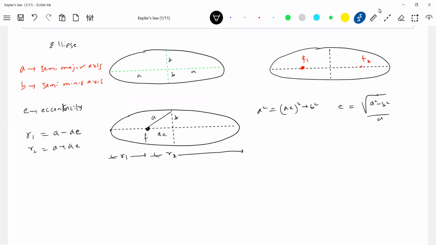So these are the things we'll get. We'll get R1 and R2 like this. R1 is called the near point, and R2 the farther point. All these are mathematics, because I'll be using them here and there. So I'm just creating the background here.